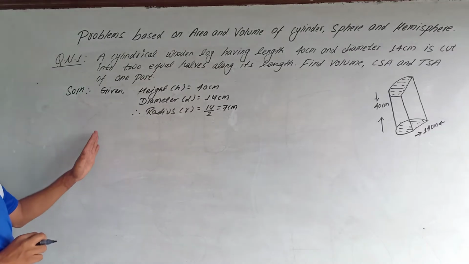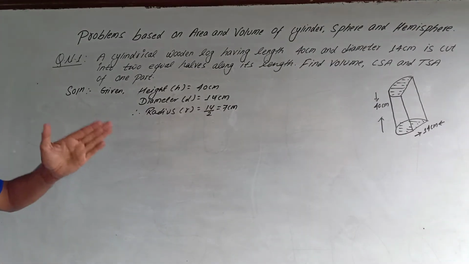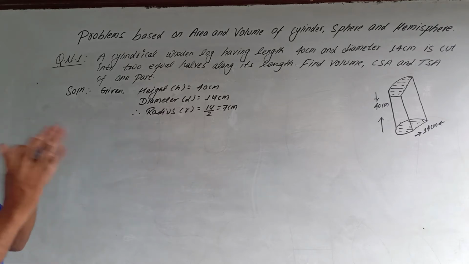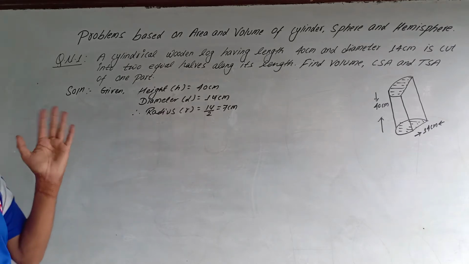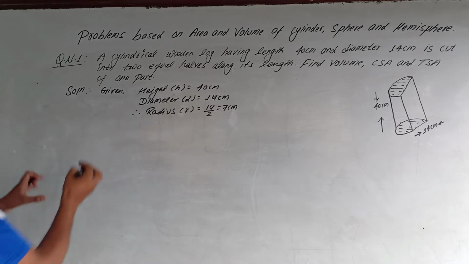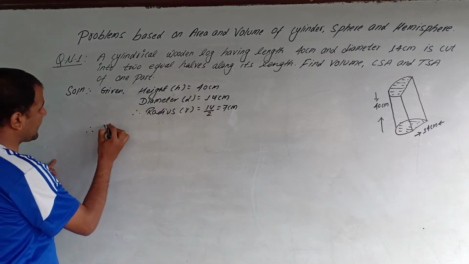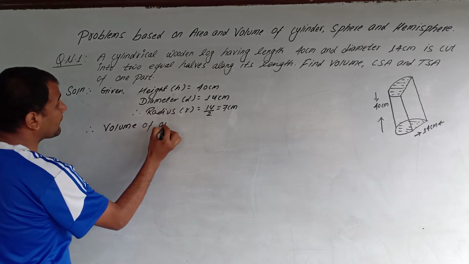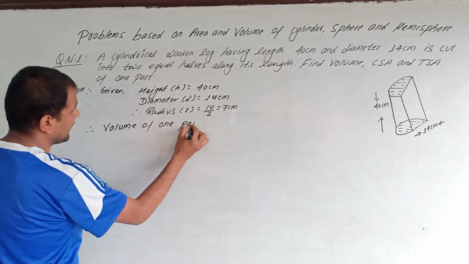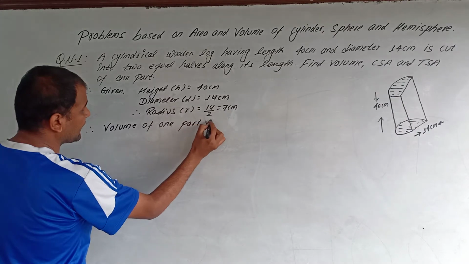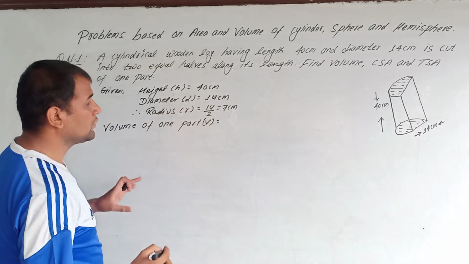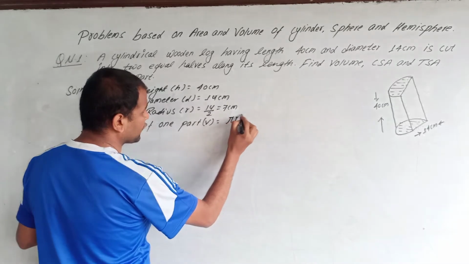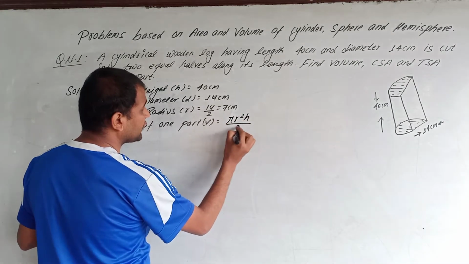Firstly, we should find the volume of one part of that wooden log. We know that volume of one part is half of the volume of the total cylinder. Therefore, volume of one part V is equal to total volume of the cylinder, pi r square h, by 2.